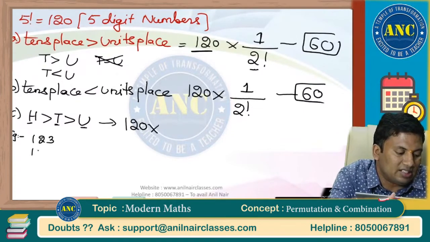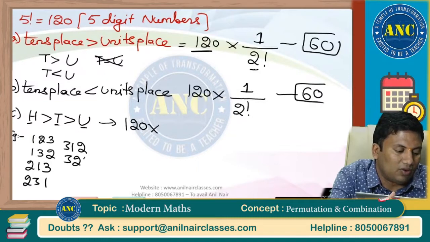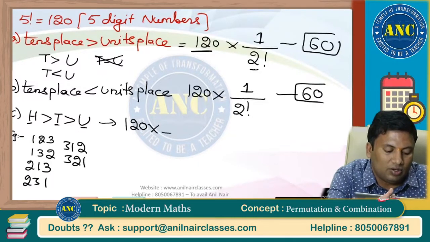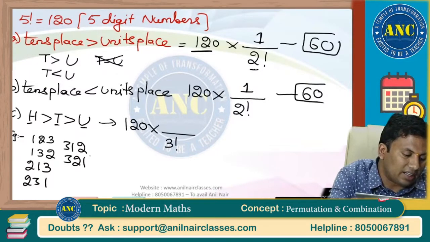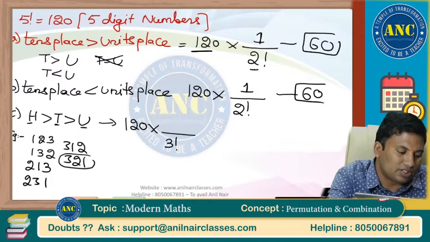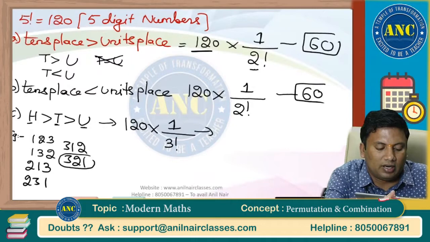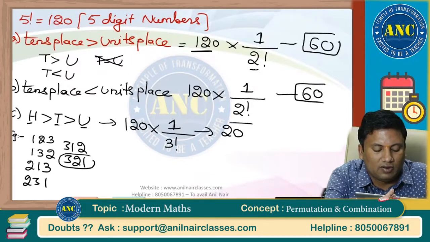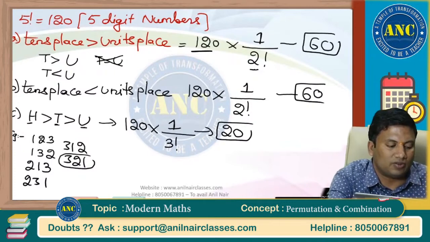These three digits can arrange among themselves in how many ways? 2, 1, 3; 2, 3, 1; 3, 1, 2; and 3, 2, 1. Are you all with me? Three place values can arrange among themselves in 3 factorial, out of which for hundreds greater than tens greater than units, how many will satisfy? 1. Answer is nothing but 120 by 6, which is nothing but 20.